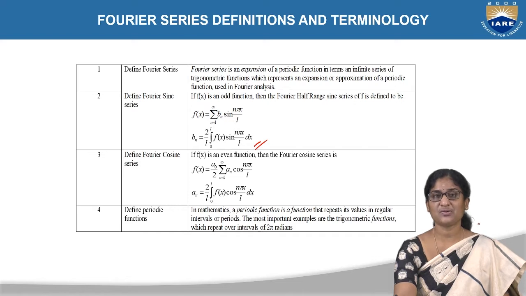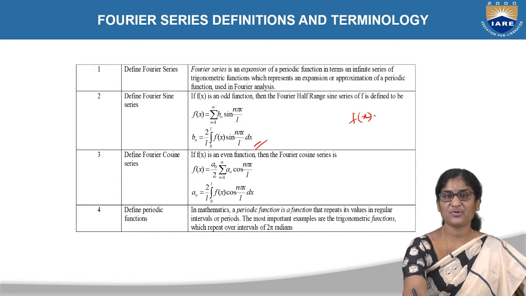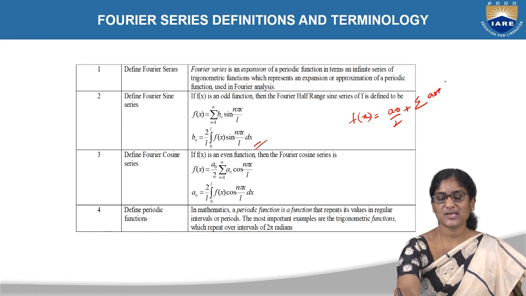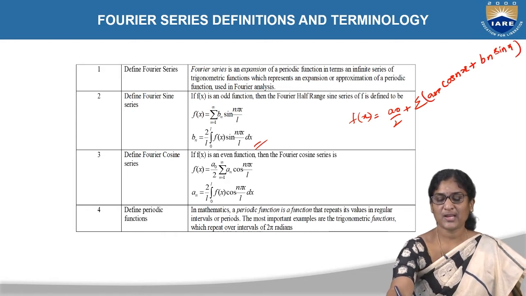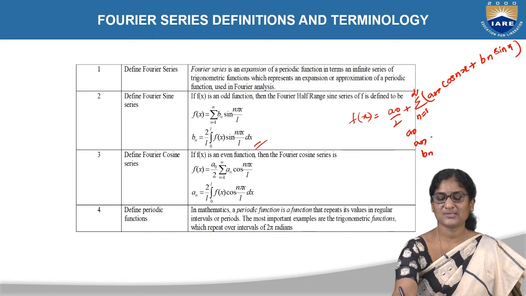Actually, in the Fourier series, if f of x is any function, the Fourier series in general is given by a0 by 2 plus summation of an cos nx plus bn sin nx. This is the general Fourier series expansion where n rises from 1 to infinity, and here a0, an and bn are called the Fourier coefficients.